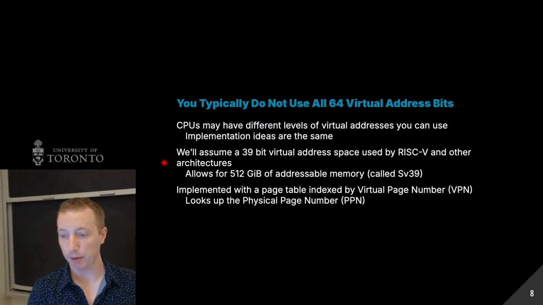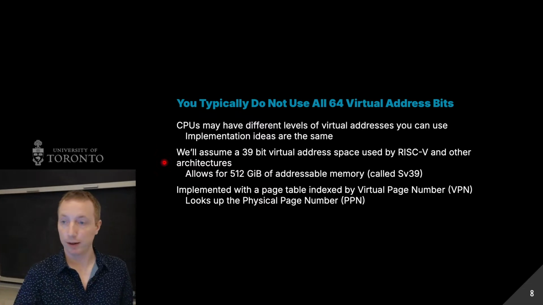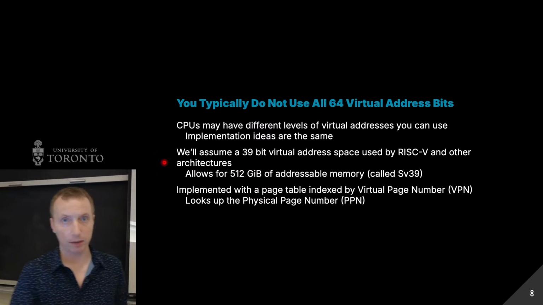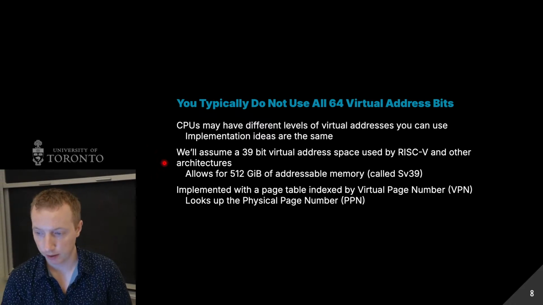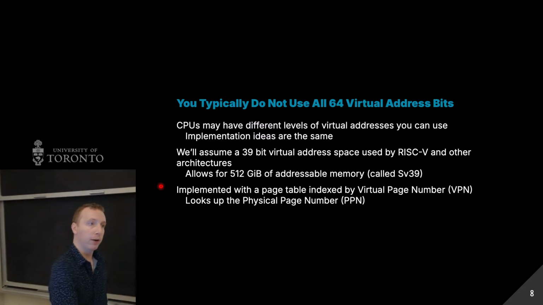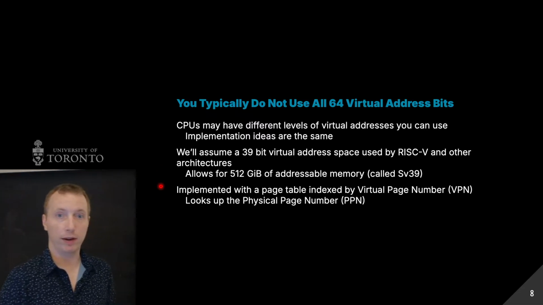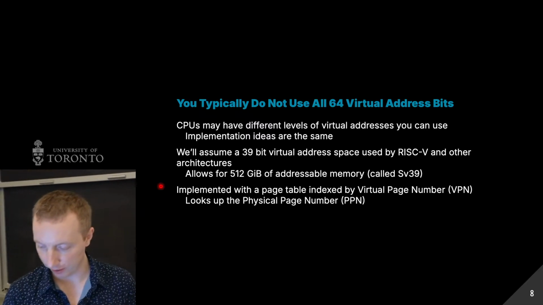This is done by RISC-V and other architectures. In RISC-V, whenever they say SV39, it's talking about how many bits are used for a virtual address. We'll see how to extend this if we want to go further than that. But for right now, 500 gigs a process is good enough for, I don't know, at least another year.